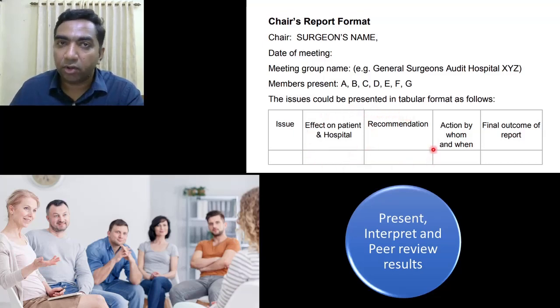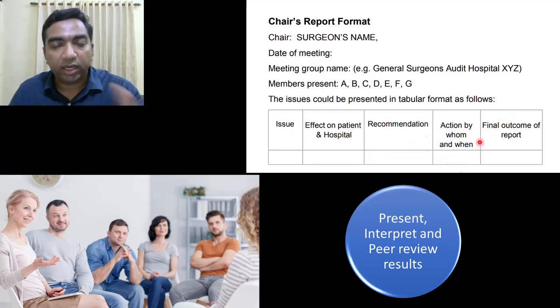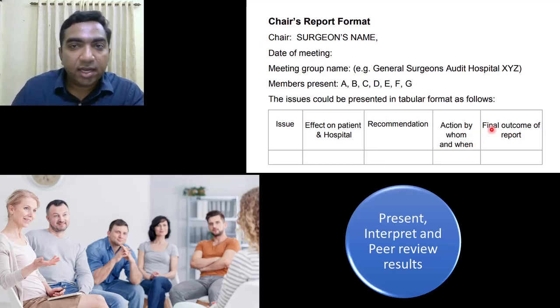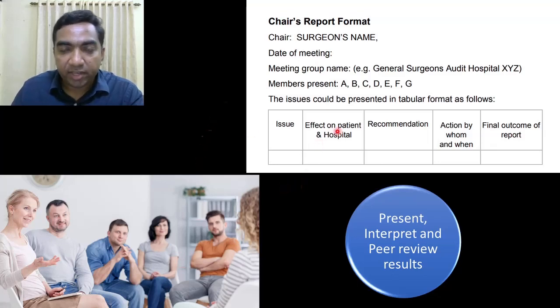The recommendation is that we should not use cautery during dissection of the recurrent laryngeal nerve. And what action should be taken by whom and when during the time of surgery. We have to identify the surgeon who is having a higher amount of complications, the action has to be taken by him, and the final outcome and the report should be evaluated. So this is the chair report format, where the head of the family decides what action should be taken based on the problem.